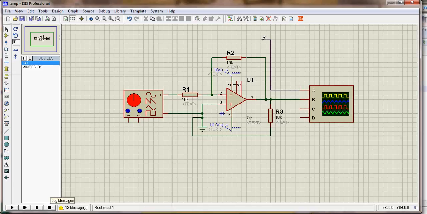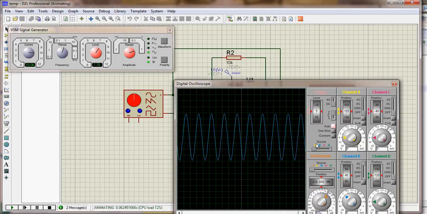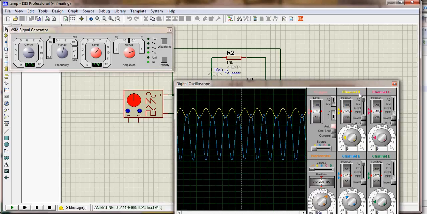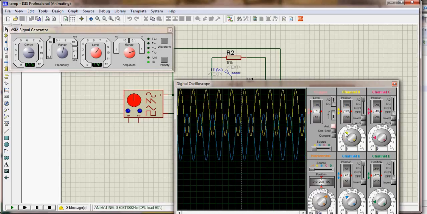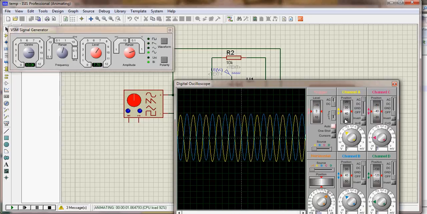Connect A channel with input as well, and then again turn it on. Turn on the A channel also. So we get A signal, shift it at the same level.